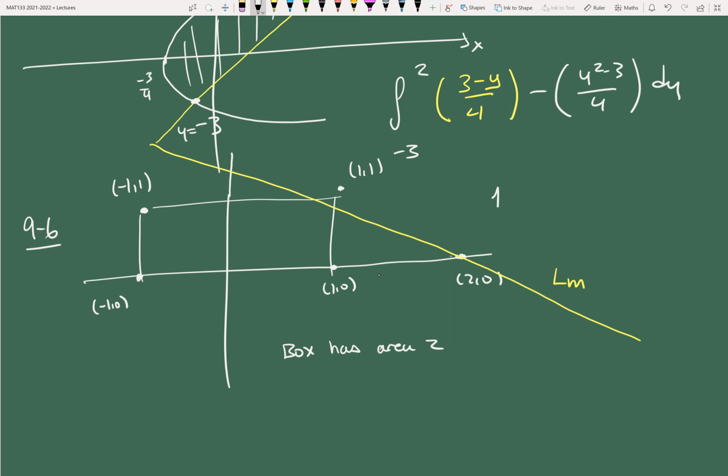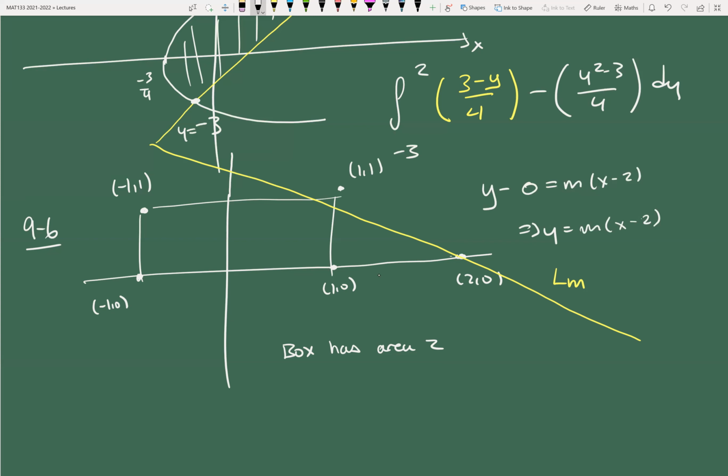So we know it passes through the point 2, 0 and has slope M. So y is equal to mx plus 2, right? No, sorry, I got those backwards. So it's y minus 0 is equal to m times x minus 2. There we go. So it's m times x minus 2.